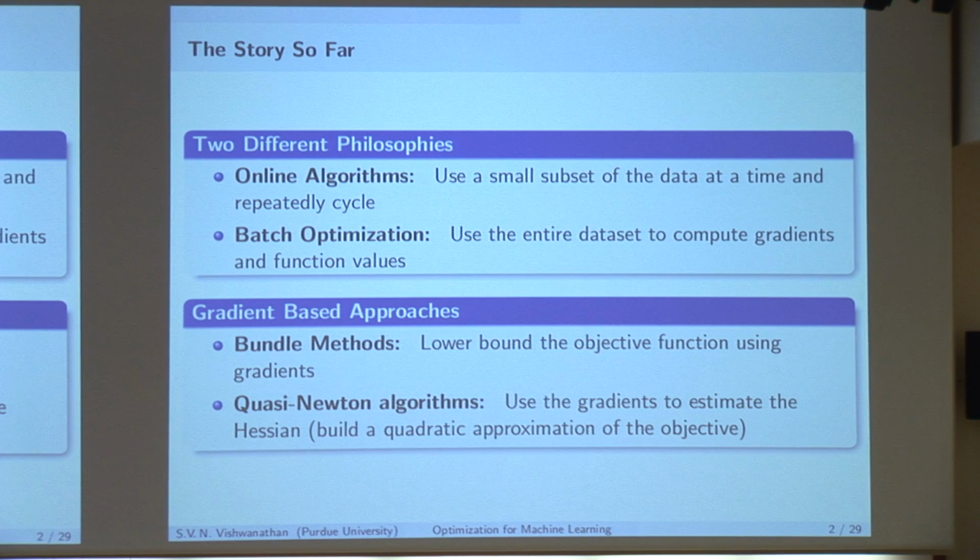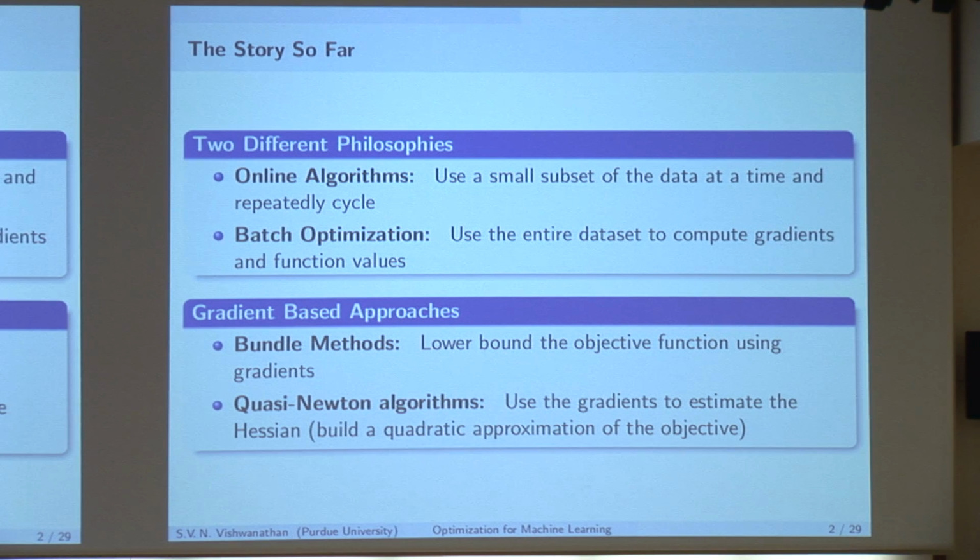There is a different school of thought, and the question they ask is, can you use these gradients to come up with a quadratic approximation to your objective function? In other words, instead of a piecewise linear function, can you say locally this is how my function looks, and come up with a quadratic approximation? That is the kind of algorithms that we are going to study now, these Quasi-Newton algorithms.